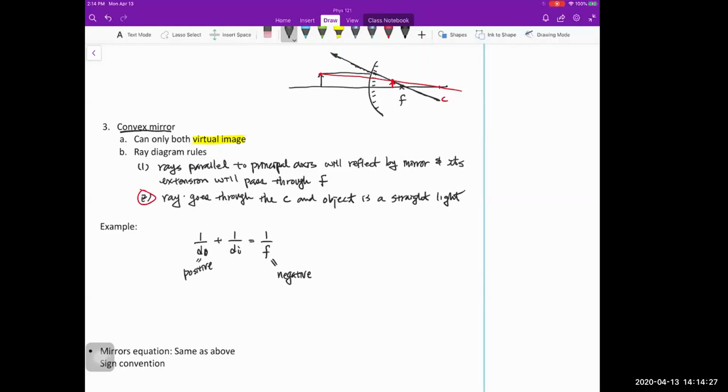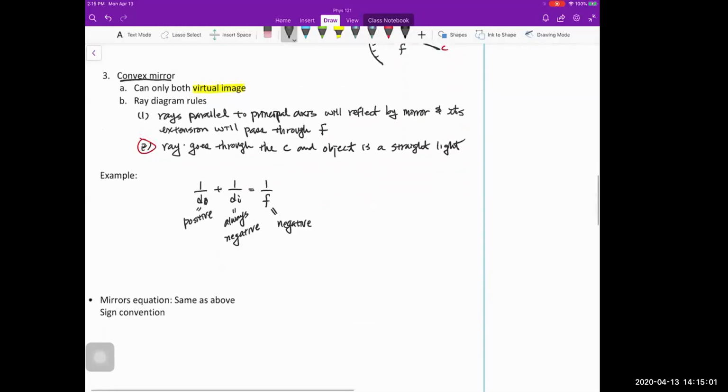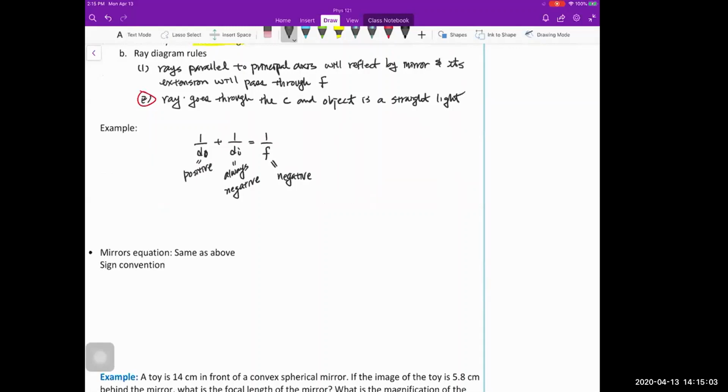So dO is always positive. What is the di? The di is always going to be virtual, meaning it's always on the back of the mirror, so this one is always going to be negative. Okay, so that's what this equation is. Any question about this part?